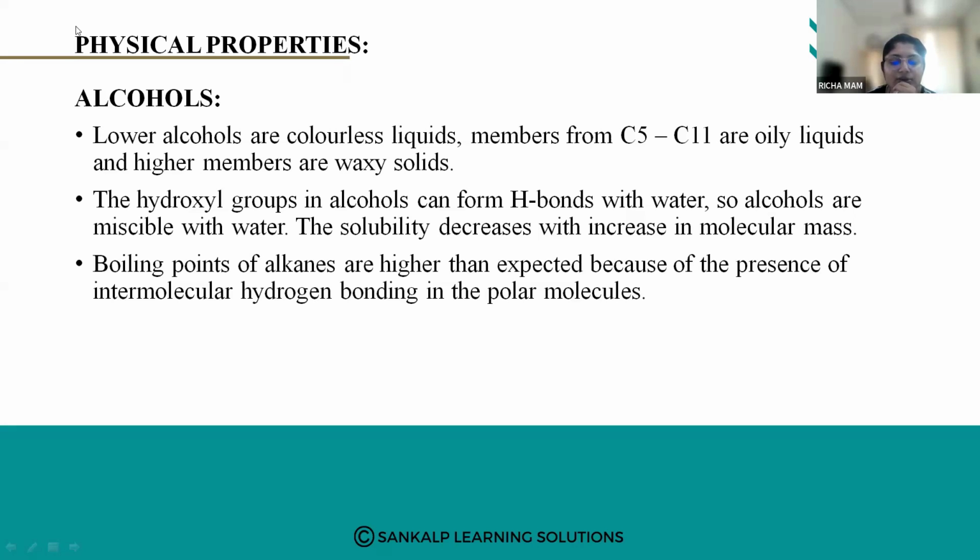What is the reason? It is due to the presence of... So when I write the structure of alcohols and phenols, let me write here. This is your alcohol and this is your phenol, right? If I take this as CH3, what you can see is there is an OH group. So why are the boiling points of alcohols and phenols higher?